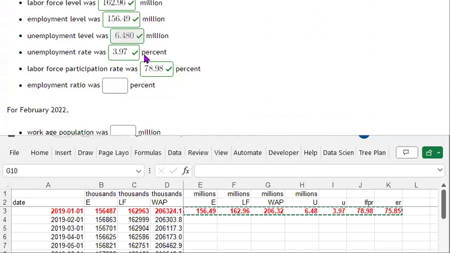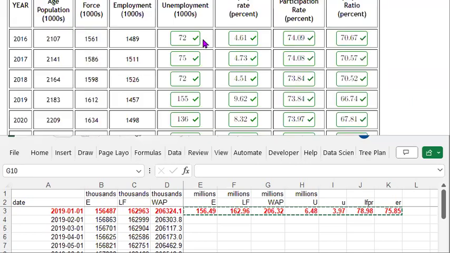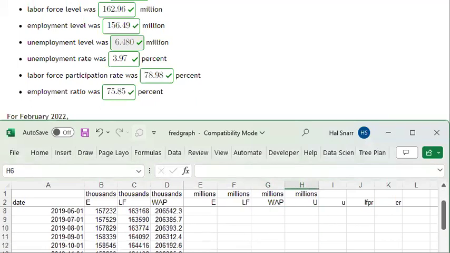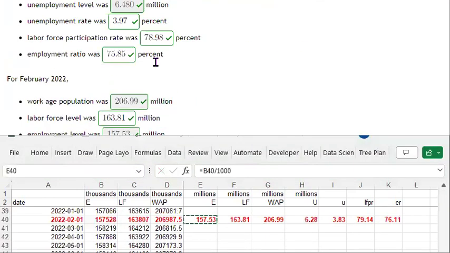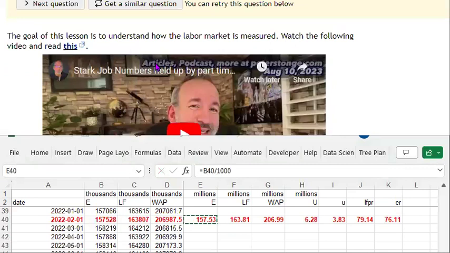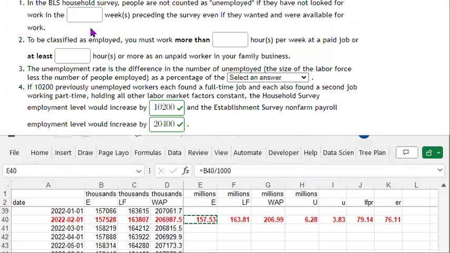The employment ratio was 75.85. Now we're going to scroll down to February 2022 to get those numbers. It looks like we got everything right. So all you have to do to finish off this lesson is, again, watch this video and read through this technical document to answer these 4 answer boxes.